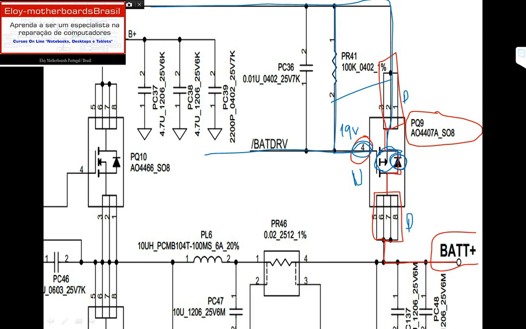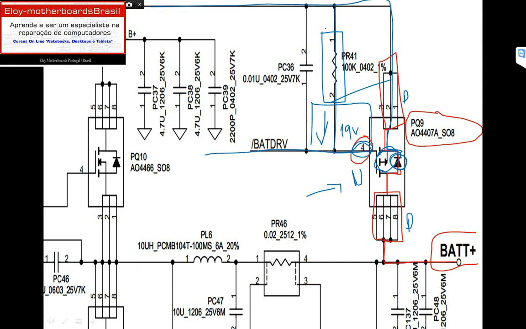That's why we have this signal named battery driver. This battery driver is 0 volts. When this 0 volts gets here, PR41 is here to protect, because when this pin 4, this gate pin, gets in short and stays with 0 volts, the 0 volts will only stay from this side down.